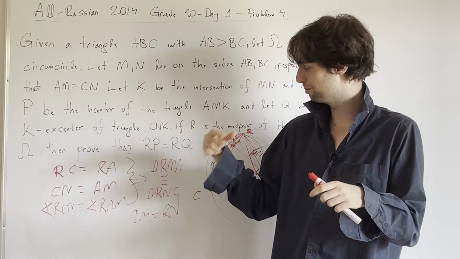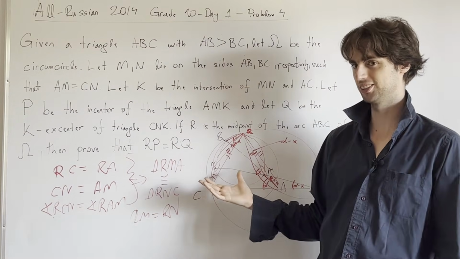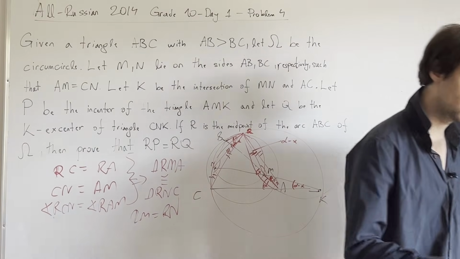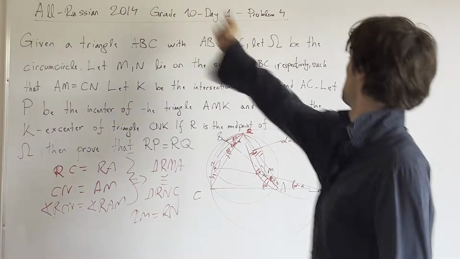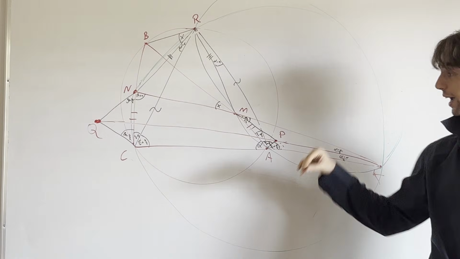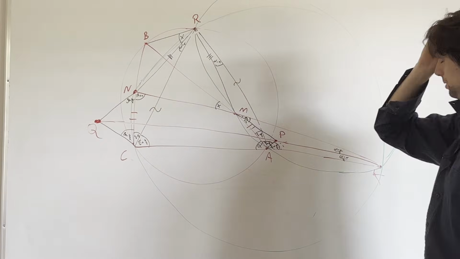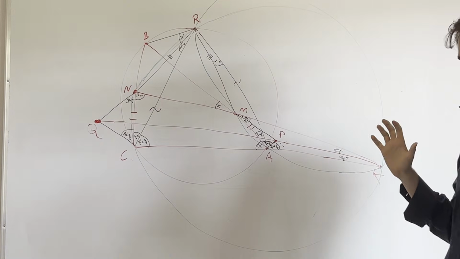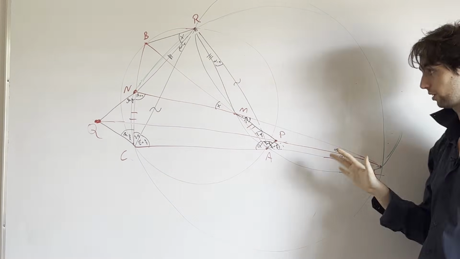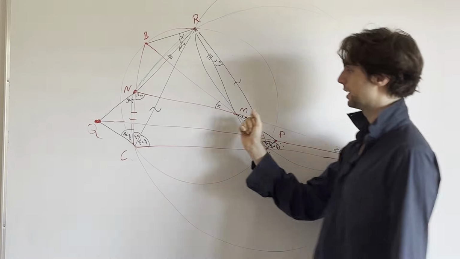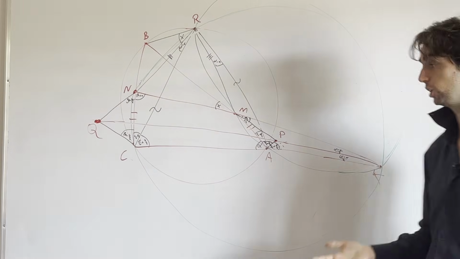And let me clear up the board, and I'll draw a nicer diagram, and we'll get to our next step. And what we get when we draw a much nicer diagram is the following. Big picture. Now, I've also taken the liberty of calculating some angles, calling this angle over here X, the alpha, beta, gamma, the usual.